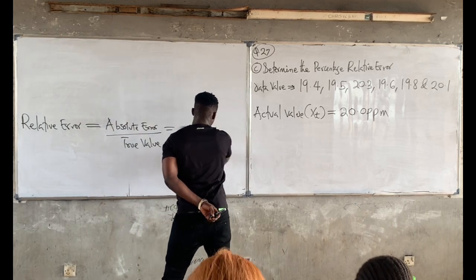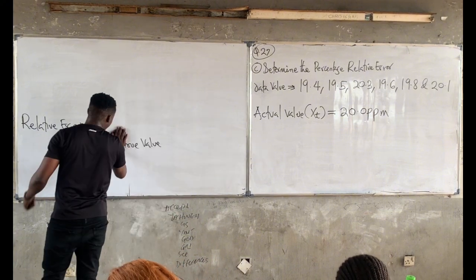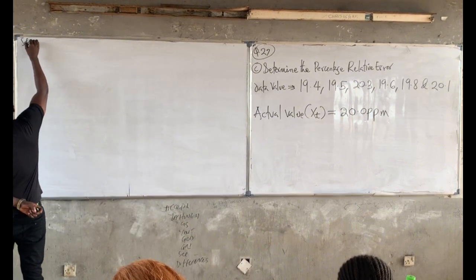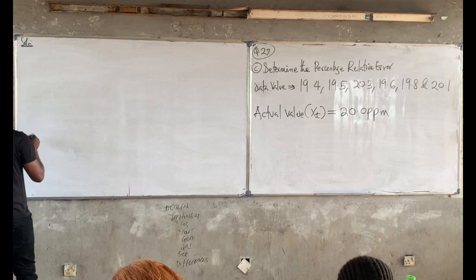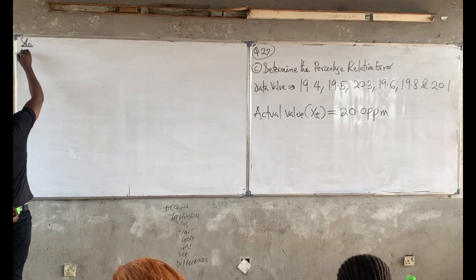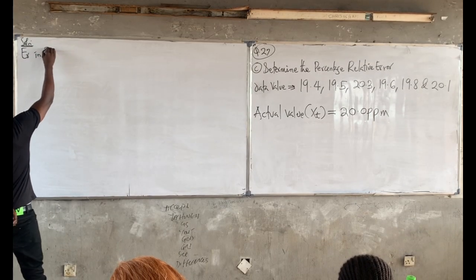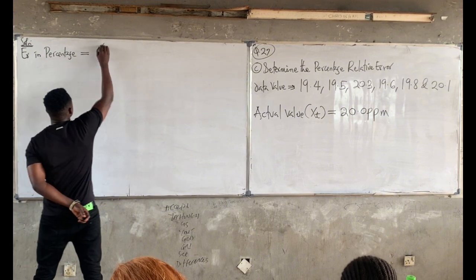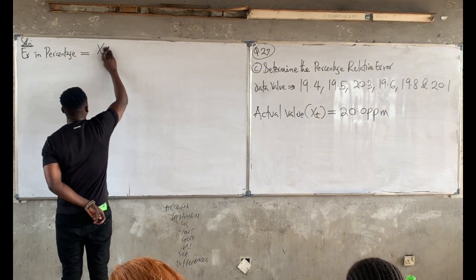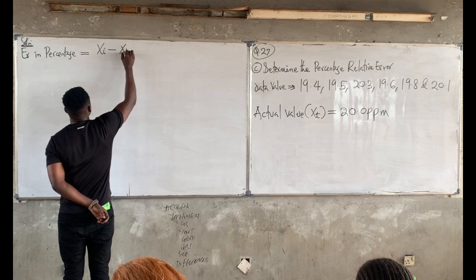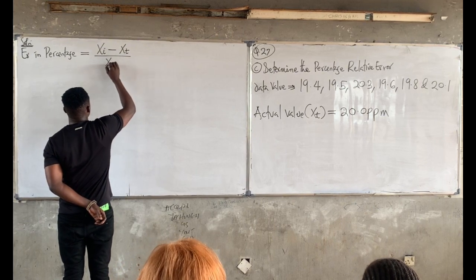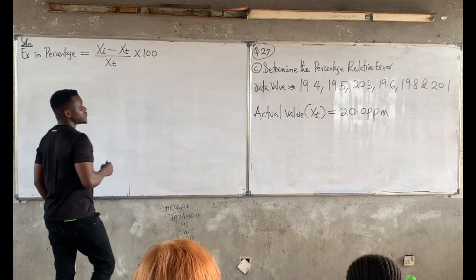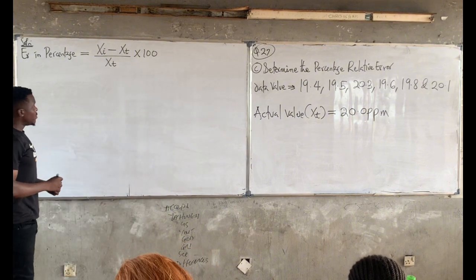Also, in the exam, please don't waste time on one question. Next up, solution. Now, relative error in percentage is equal to xi minus xt over xt times 100.